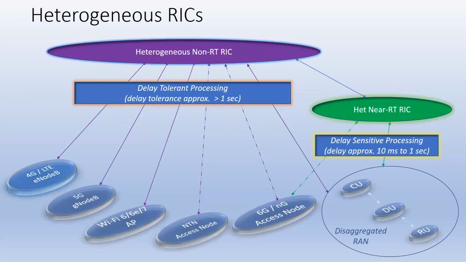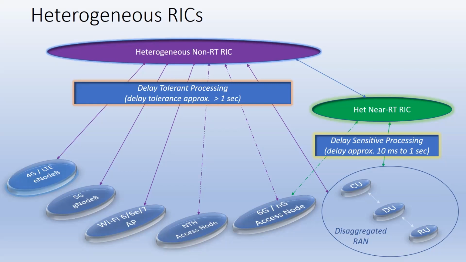This is something Chata had started, the NGRG architecture task force in ORAN, the Next Generation Research Group. Within that, we had discussed a heterogeneous capability where we go beyond, say, disaggregated ORAN components, and we could include Wi-Fi or non-terrestrial network components, potential 6G future nodes as well, and so on.